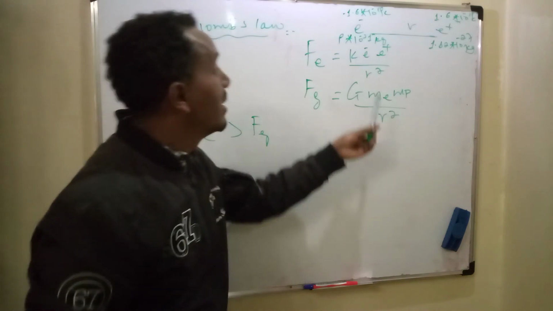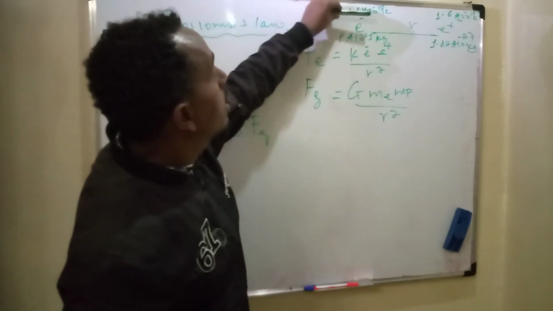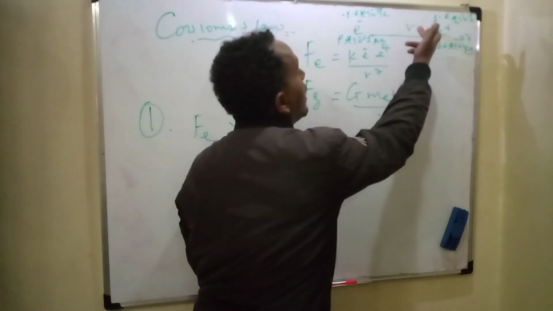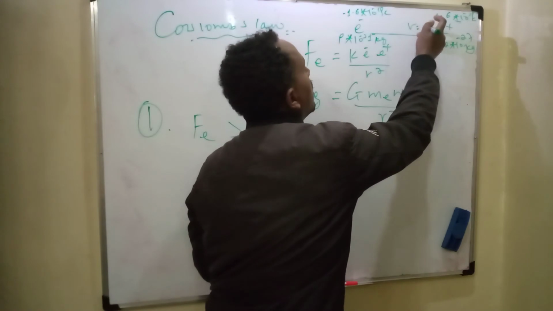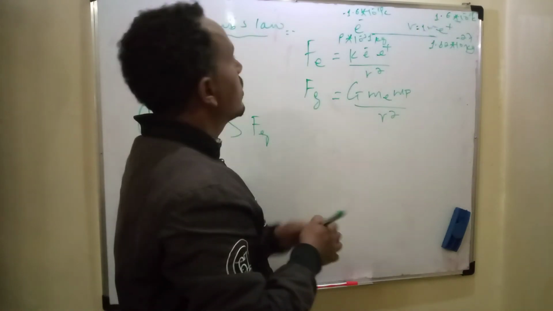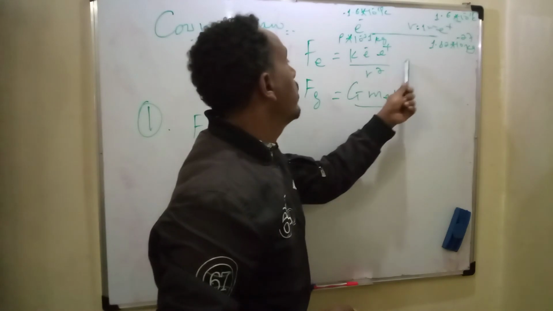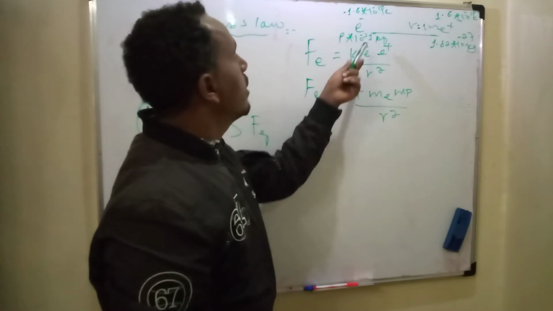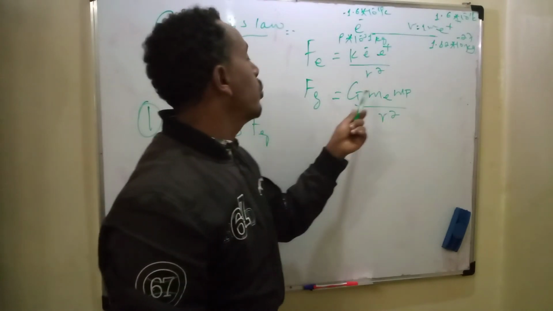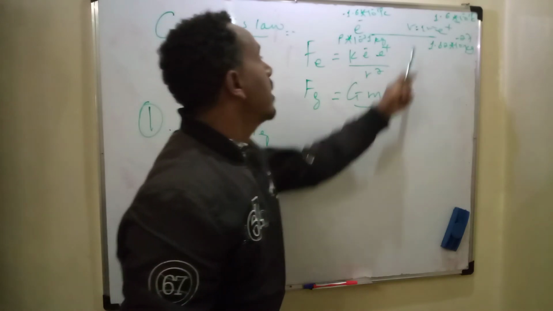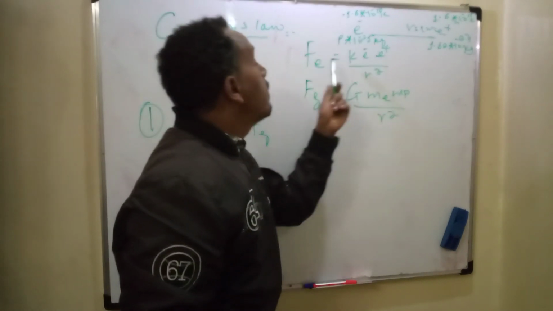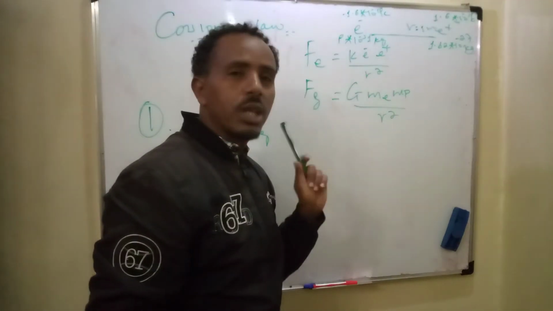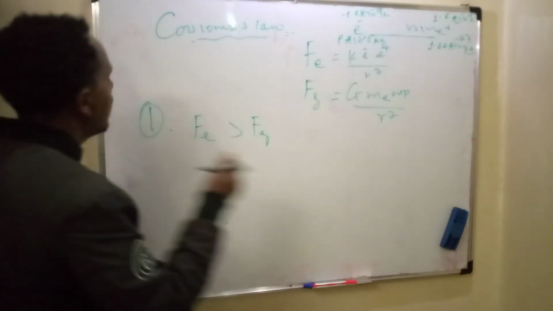If you calculate the electrostatic force by using these values of charge and the distance, let's say the distance between them is 1 meter, you get a certain value. And if you calculate the gravitational force using the mass of electron and the mass of proton, as well as G, which has a constant value, and the same distance, the electrostatic force you get is much greater than the gravitational force. This is the first one.